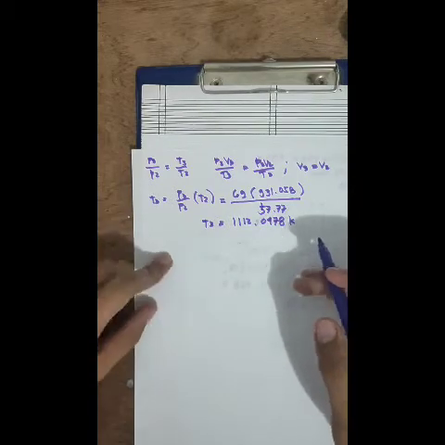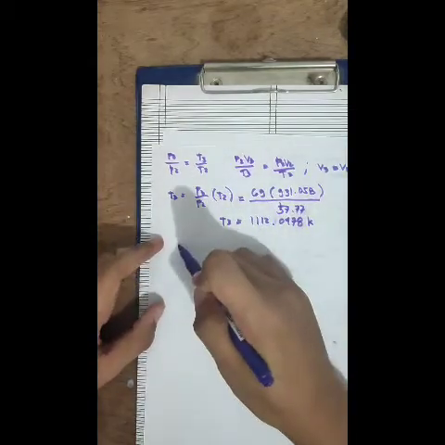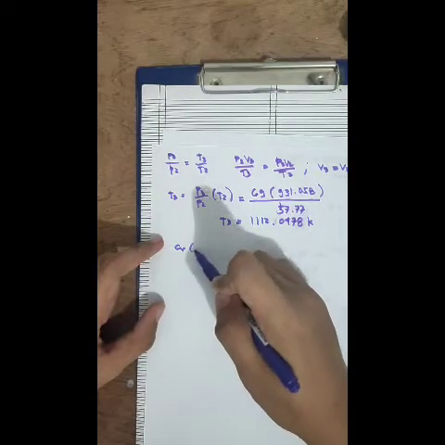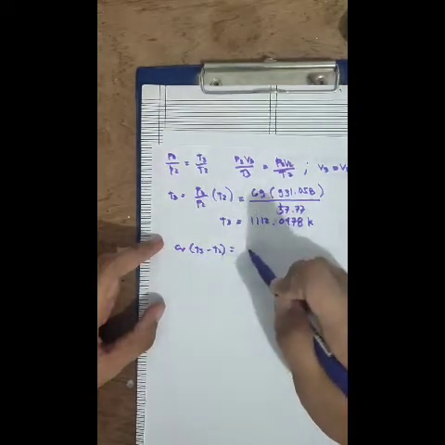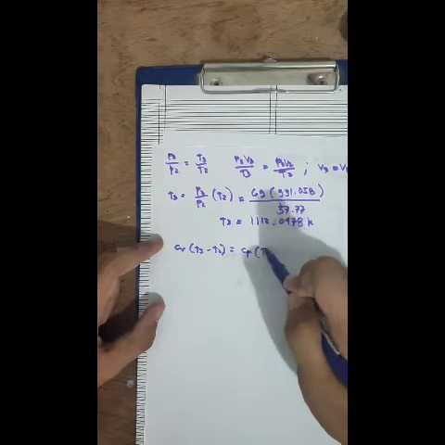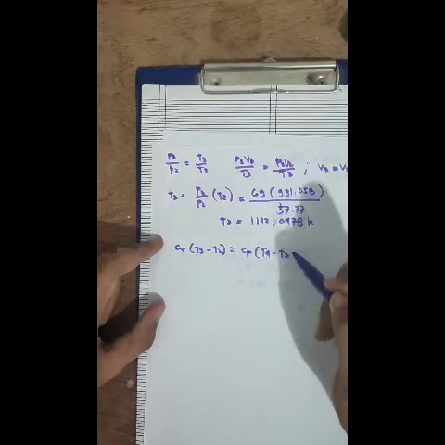So now the heat added at constant volume is equal to the heat added at constant pressure in this problem. Therefore, we will use this formula: CV (T3 minus T2) is equal to CP (T4 minus T3).